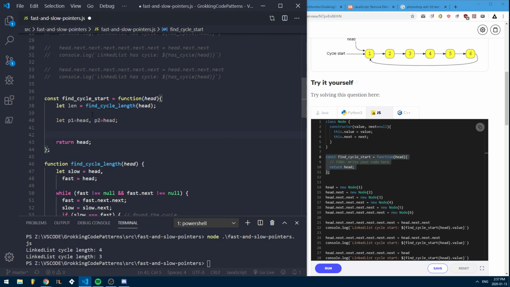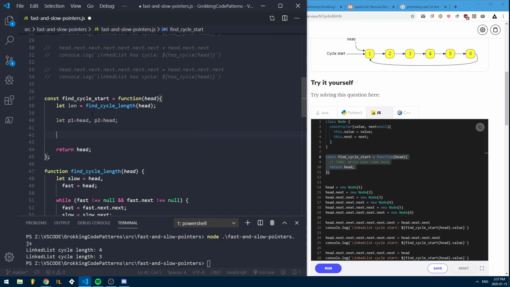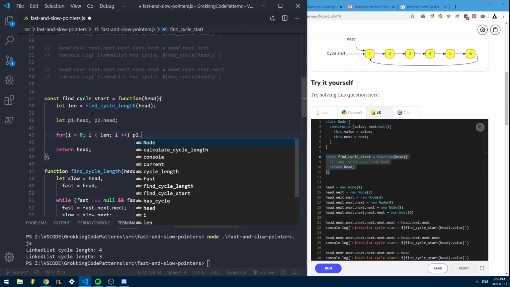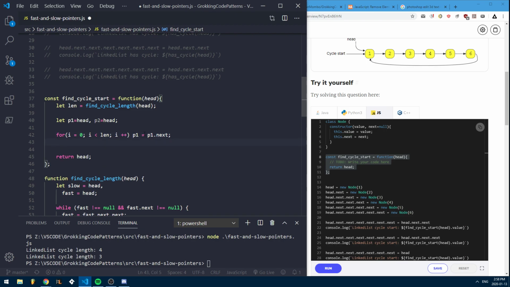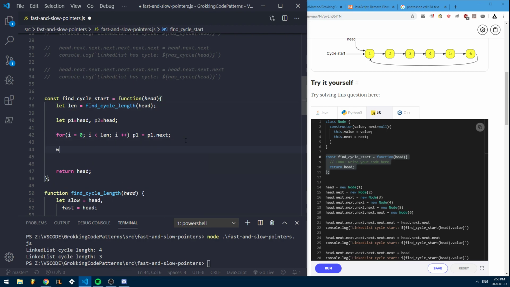So we'll say for i is equal to 0, i is less than len, i plus plus, P1 equals P1 dot next. Boom, boom. Okay, so now we've advanced this one len many nodes in advance.